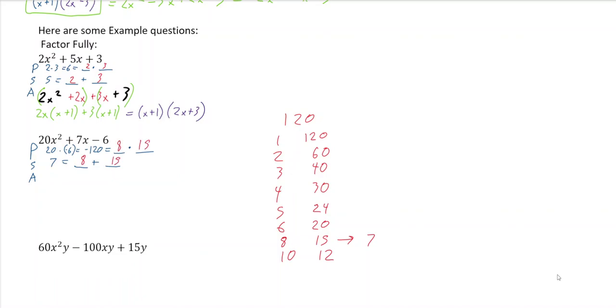Please watch my regular PSA video if this was too fast for you. Okay, anyways, took a while to get there, but we did, and we ended up with 20x squared plus 8x plus 15x minus 6.